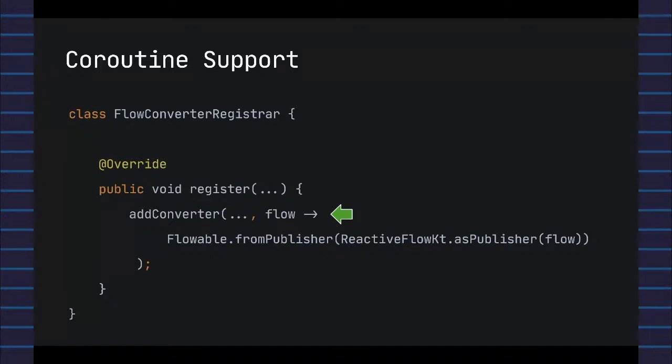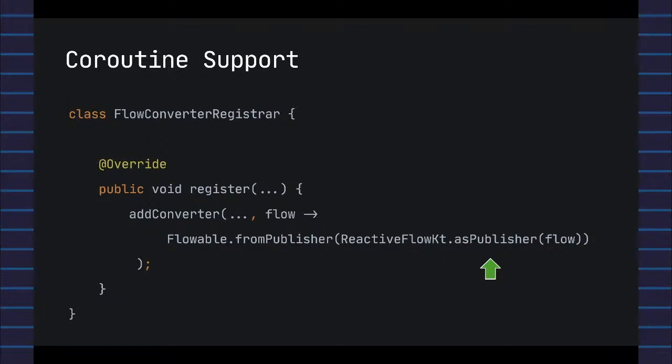This is a registrar, and what it does is that it basically checks if you're using a flow. If you're using a flow, you'll see right here, this is Java code. So asPublisher is an extension on the flow provided to me by the coroutines interop library, and it's calling that method to set up a publisher from this flow, and it's doing ReactiveFlow KT. So it's calling that.